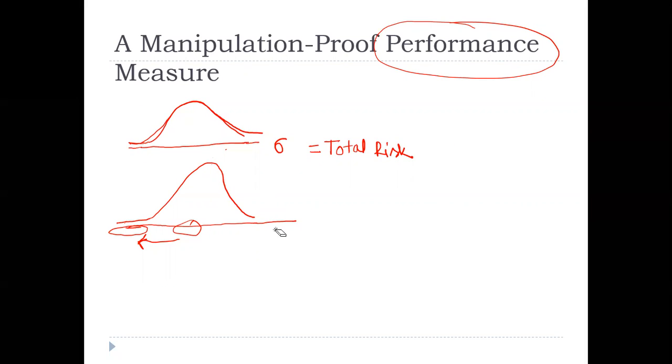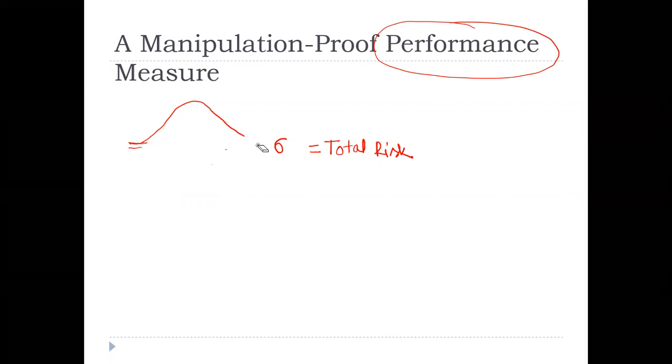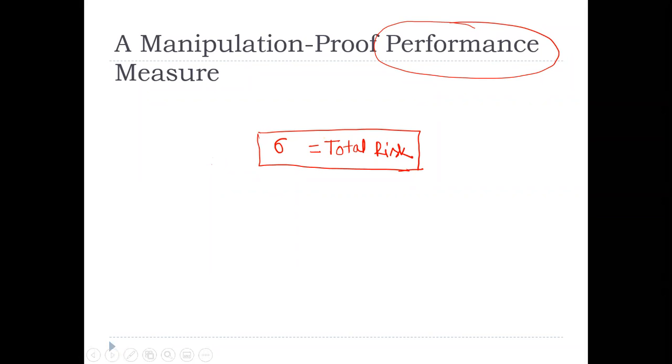So if return has a negatively skewed distribution, will it be valid to use sigma as the total risk, for which the underlying condition is that return is normally distributed? No, sir.